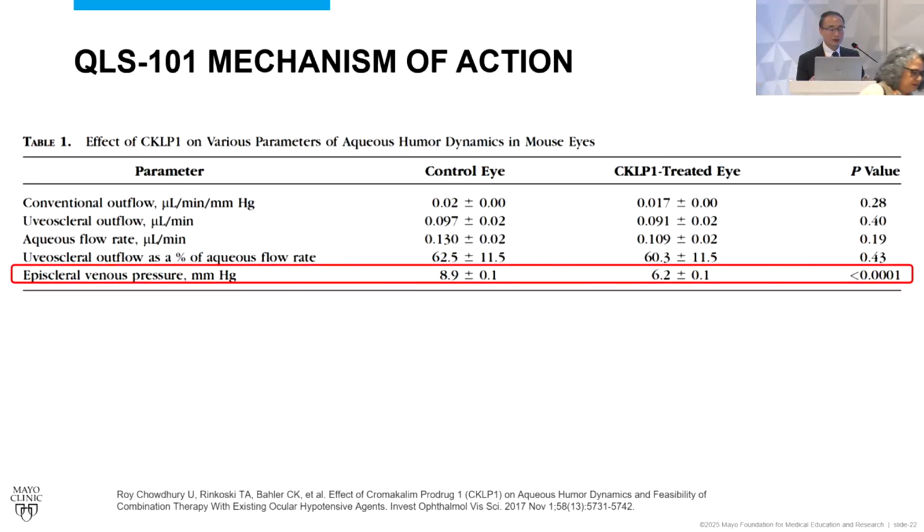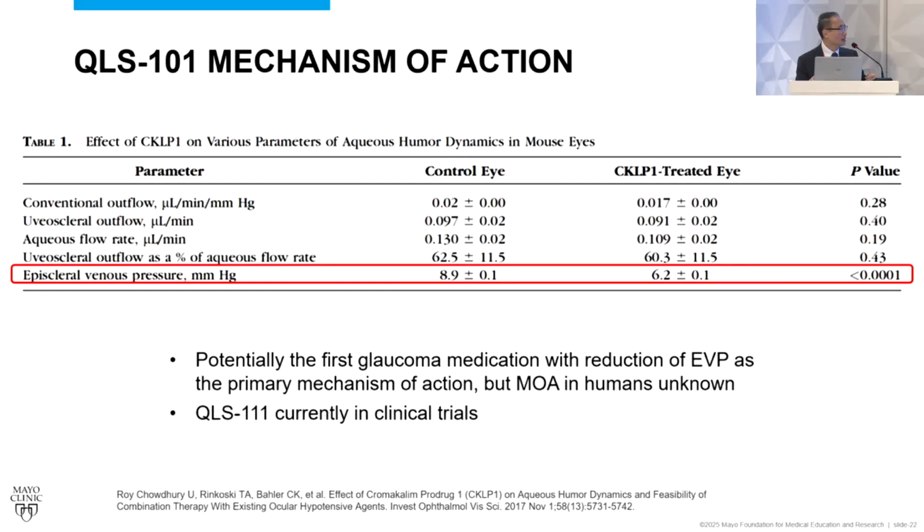It does lower episcleral venous pressure. So it seems like this new drug in development may be the first drug that actually directly targets episcleral venous pressure. The trials in humans still need to be performed, though, and there's a version of this drug called QLS-111, which is currently in clinical trials.